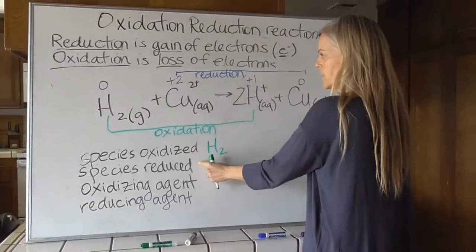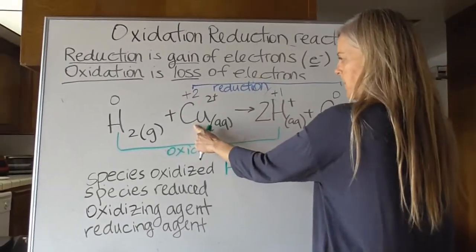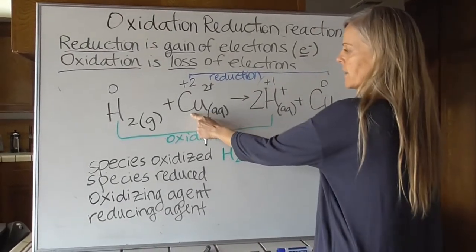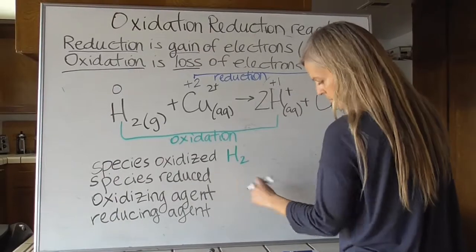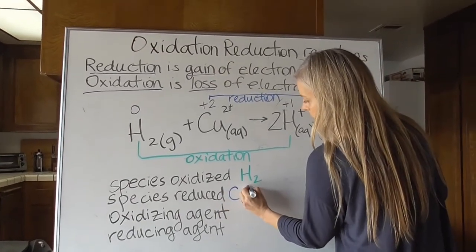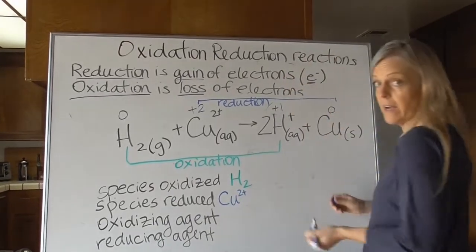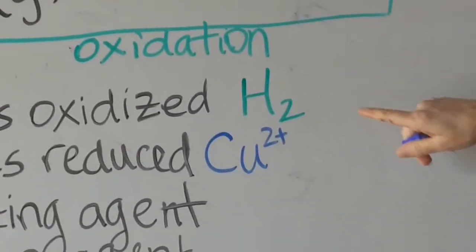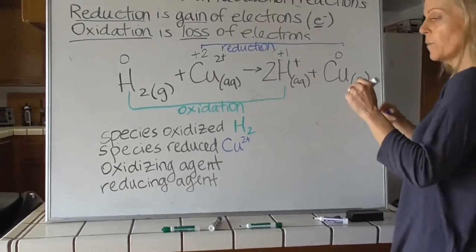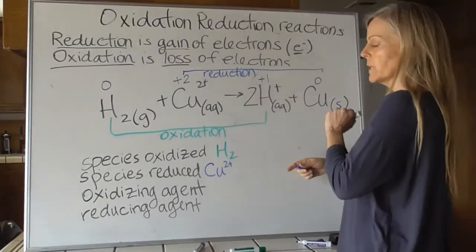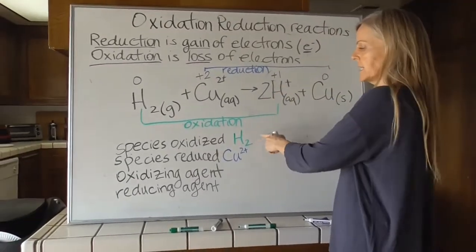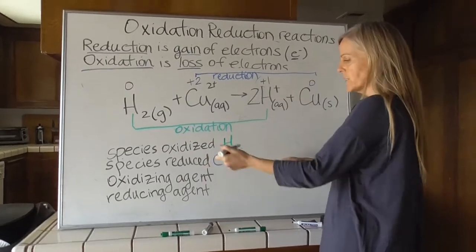The species reduced was the copper, but the form that copper's in right now is the copper ion. So go back and look and make sure you see the difference between how we're writing these and how we wrote them when they were combined with another element, or when it was an element as diatomic or an element without a charge.